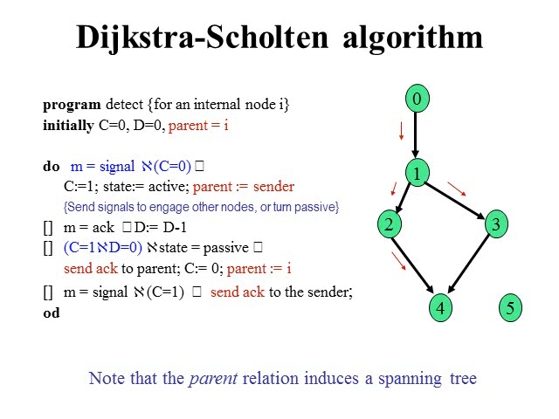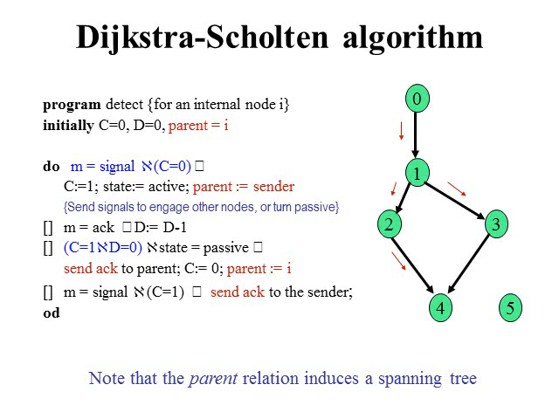It's going to set its state to active, and then it's going to make its parent the sender of the message or the signal. Following that, the process I is also going to engage all the nodes along its outgoing edges. All right, and then finally it's going to turn passive. So that is the first statement in this algorithm.